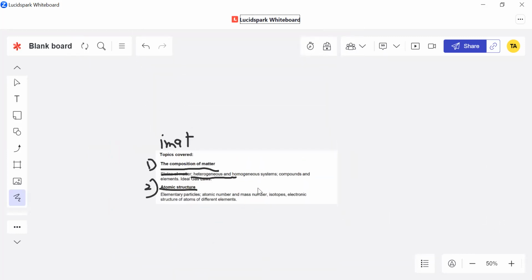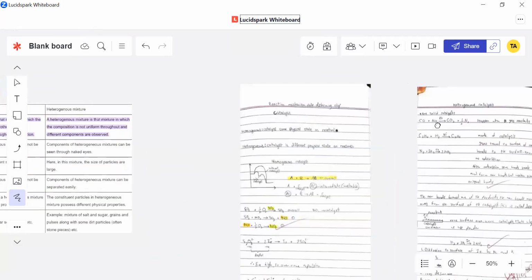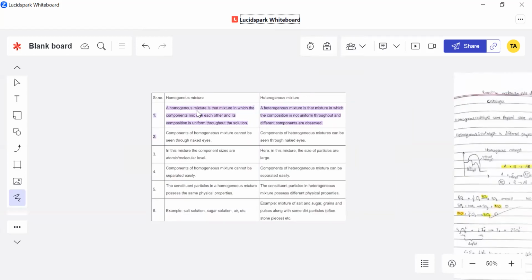Moving on to heterogeneous and homogeneous systems. This is a very important concept. So let's first discuss homogeneous mixture and heterogeneous mixture. You need to know the differences. So a homogeneous mixture is that mixture in which the components mix with each other and its composition is uniform throughout the solution.